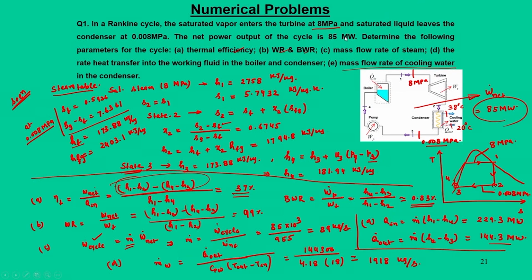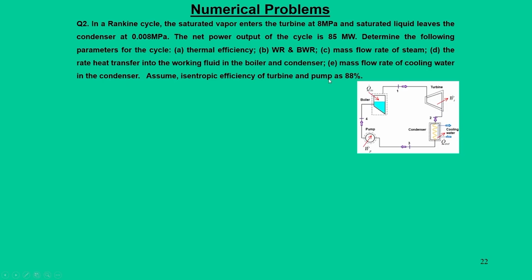Now, the next problem imposes the component efficiency. When the component efficiency is introduced, we say the turbine and pump operate at 88% efficiency. Now, for that process, how is this cycle going to be modified?